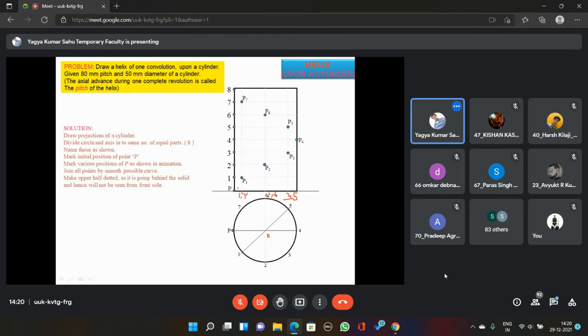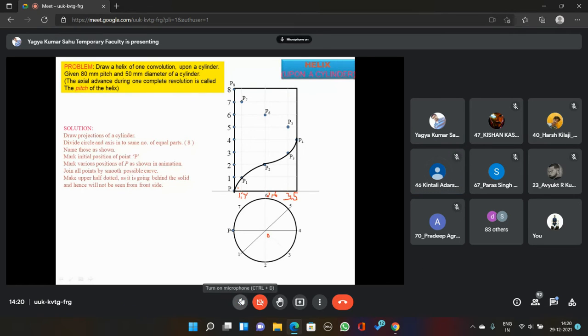Now see, join P1, P2, P3, P4 as a solid line, like this, because these points are visible. Now what about P4, P5, P6, P7, P8?